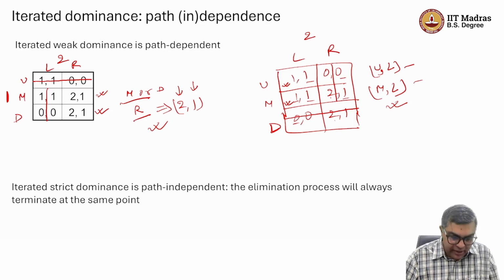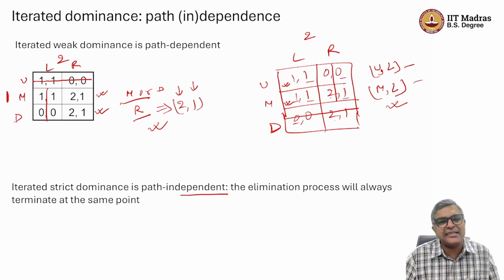So I want to say that iterated strict dominance is path independent. It doesn't matter the order that you use when you have strict dominance. But the problem is when you have weak dominance, then it becomes path dependent.